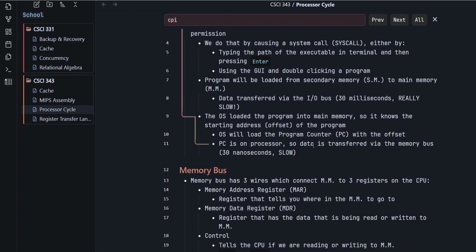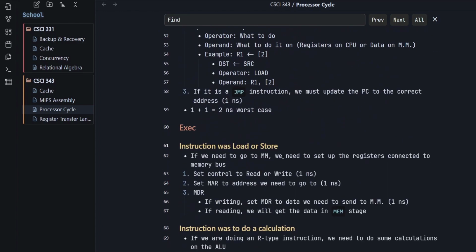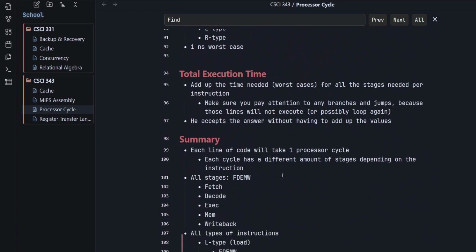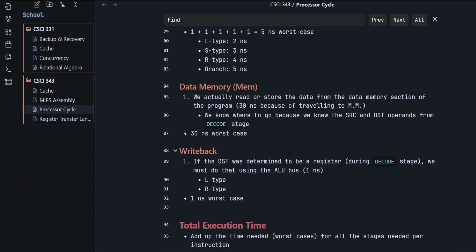CPI? I don't even know how to write this.